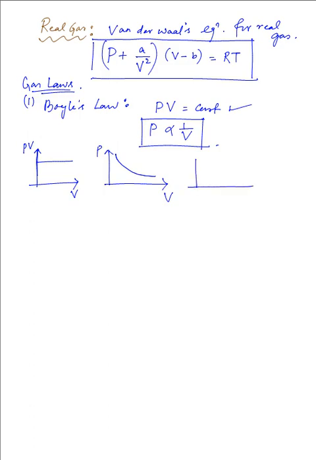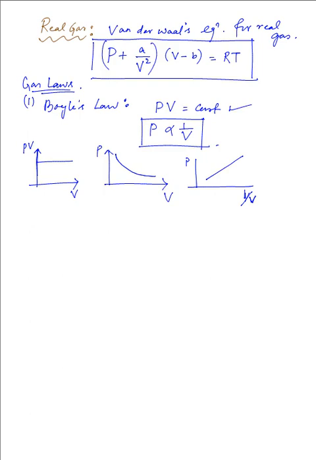If we are considering the variation of P with respect to 1/V, obviously it is directly proportional, and that means the behavior will be like this. It will be a straight line graph. Now this is for the ideal gas. If we consider the real gas, the real gas does obey Boyle's law, but only at the Boyle's temperature, whose value depends on the nature of the gas.